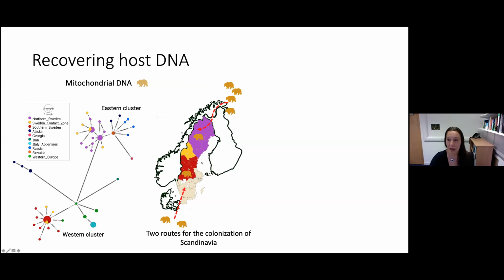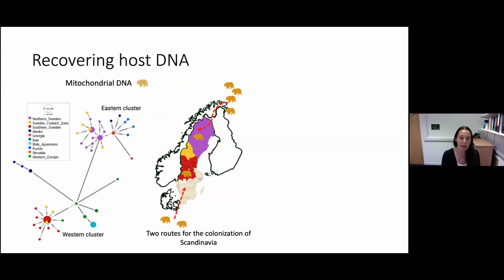And this is true for bears, and this is also true for many other organisms. They meet here in the middle of Scandinavia and overlap. For bears, it's possible to trace this by looking at mitochondrial DNA, because these two different colonization routes carry a mitochondrial signature.